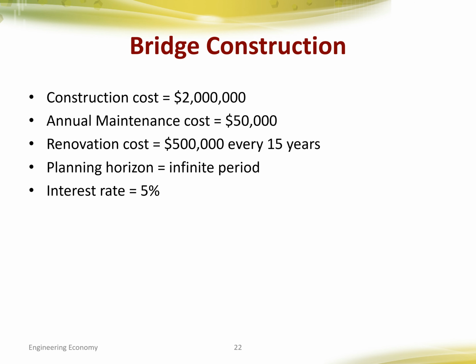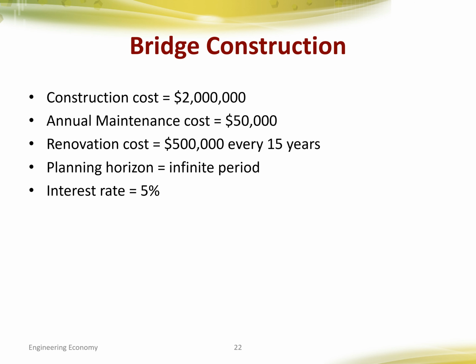So we can look at another example which is very similar to the previous one. Basically, we have construction costs, we have annual maintenance costs, and we also have renovation costs every 15 years. Our planning horizon again is an infinite period.